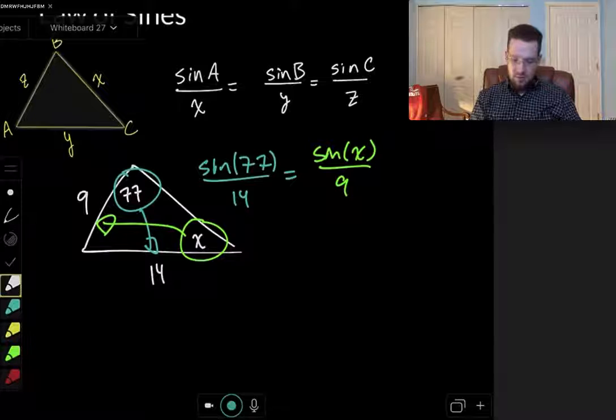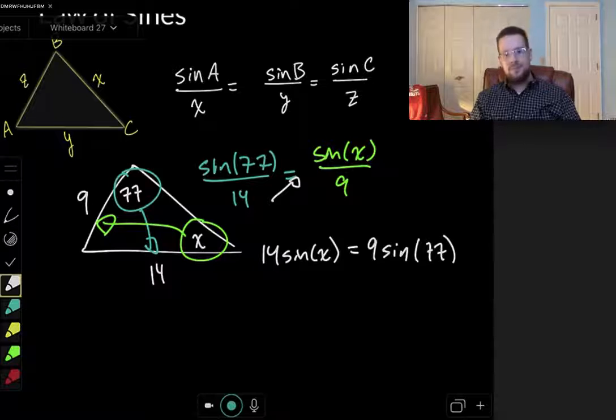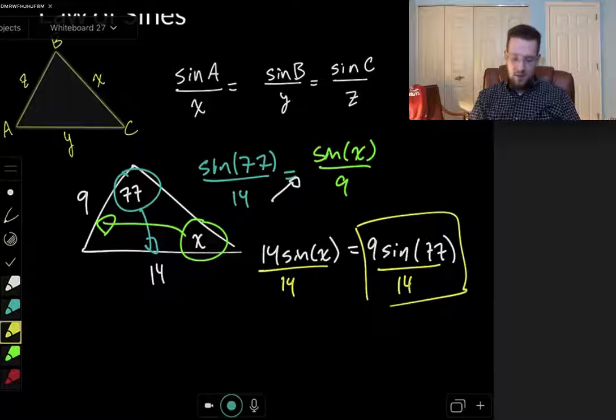So let us do some cross multiplication. We have 14 sine x is equal to 9 sine 77, and here we're going to divide both sides by 14. And like I said, you want to wait until you get here to take a decimal value.